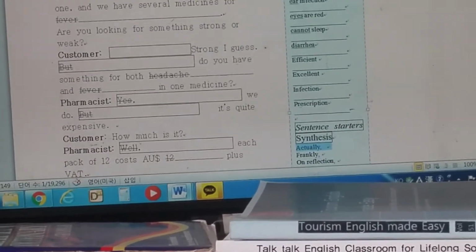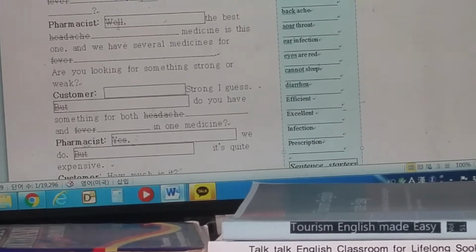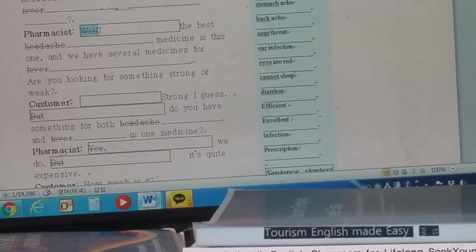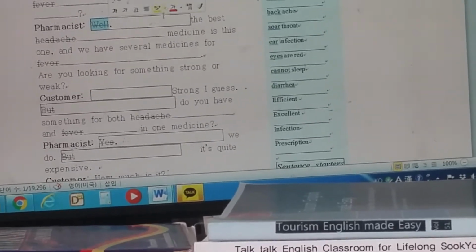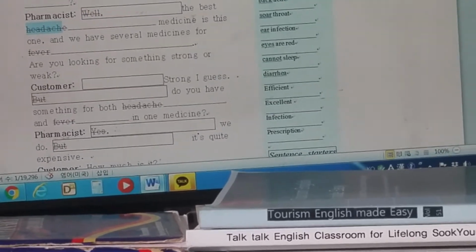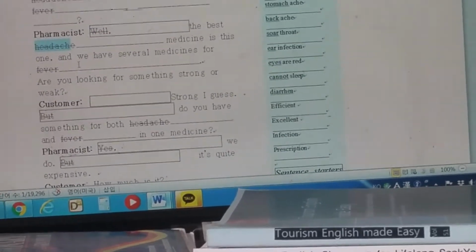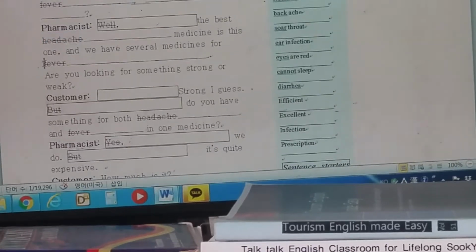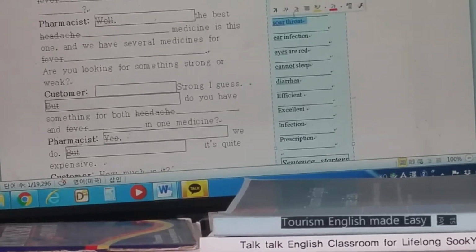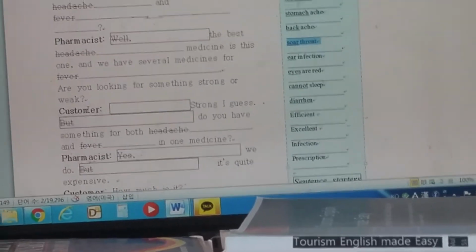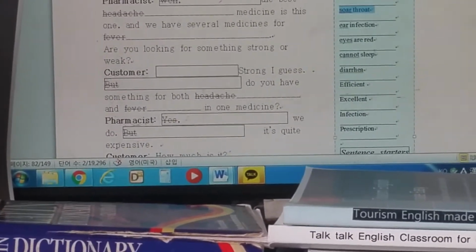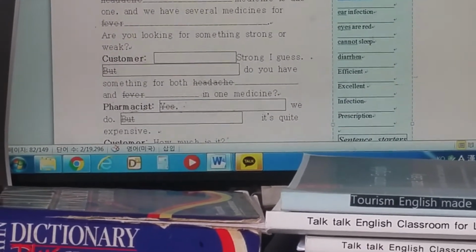Take actually, and bring it and change well. You say, actually, the best toothache. You have changed this to toothache. Medicine is this one. And we have several medicines for, what was the other one we chose? Sore throat. Okay. Then, all right, go through this. Finish this for us.